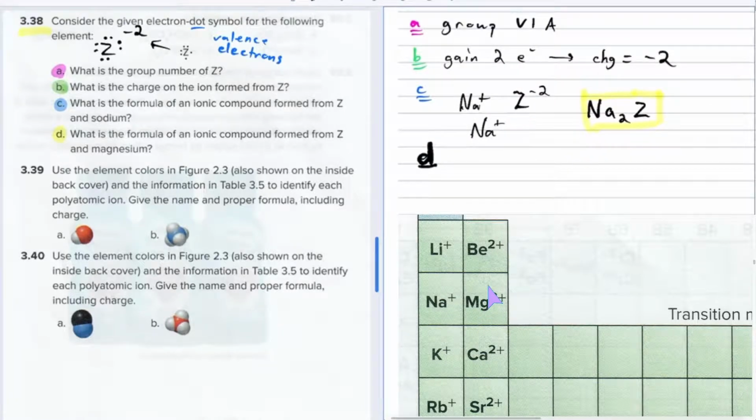So this time you got magnesium, which likes to form +2 ions. And magnesium and the -2 Z already balance out. So you don't need 2 magnesiums to balance the Z. They already balance. And so the formula is simply MgZ. Okay, and there you go. You just need one of each.